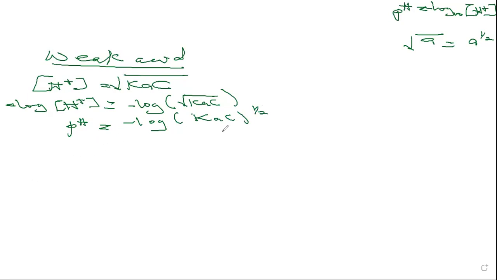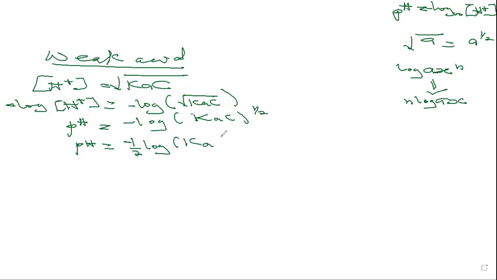So once again, from basic logarithm principle, the log of ax raised to the power n can easily be translated as n multiplied by the log of ax. So let's translate the same idea here. We have pH being equal to, this half here will come down to multiply the whole thing, so we have negative half log KaC. This is what we are going to have.